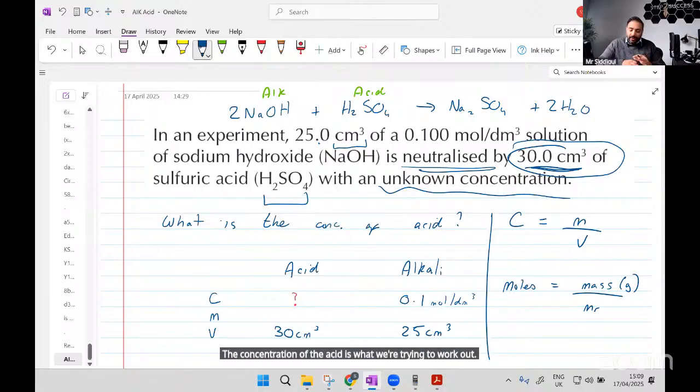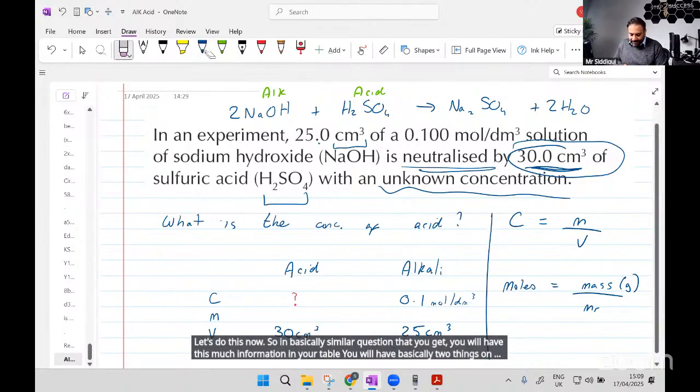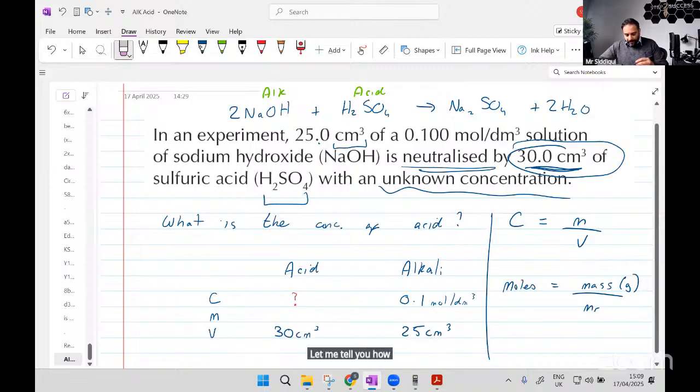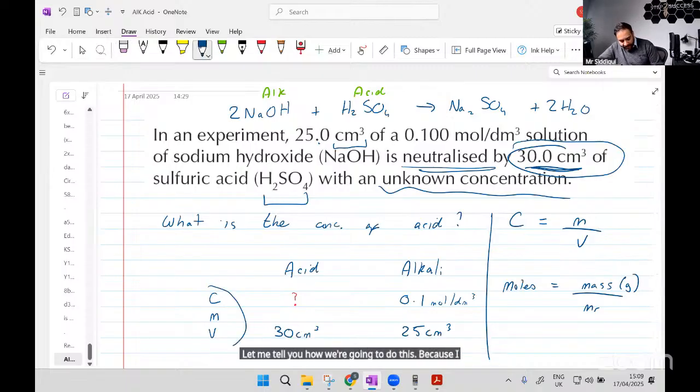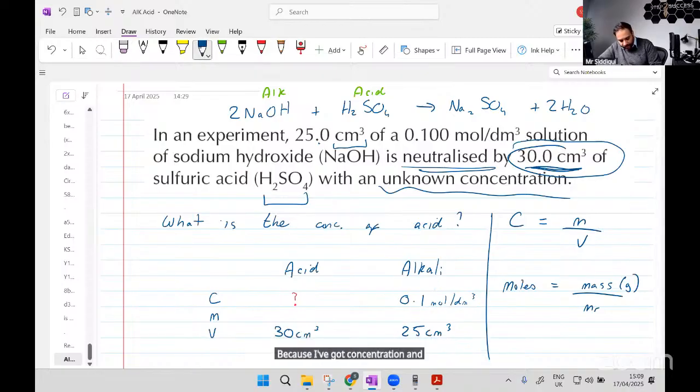Let's do this now. So in basically every similar question that you get, you will have this much information in your table. You will have basically two things on one side and one thing on the other side, and you will then have to just work around that. Let me tell you how we're going to do this. Because I know there is an equation connecting concentration, mass, and volume, because I've got concentration and volume here, surely I can work out this missing value.